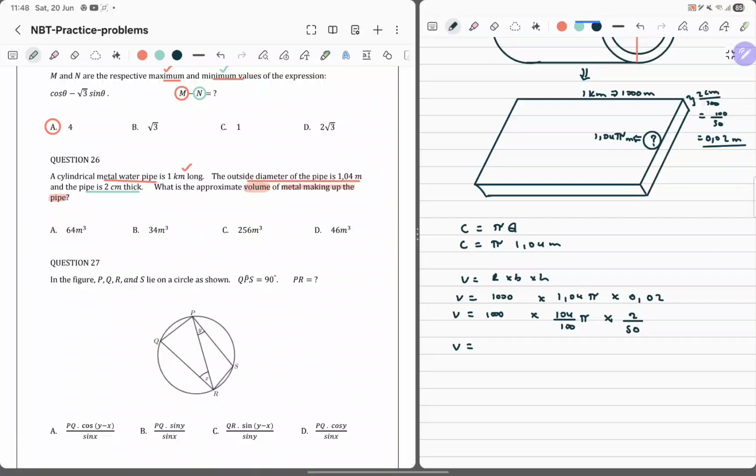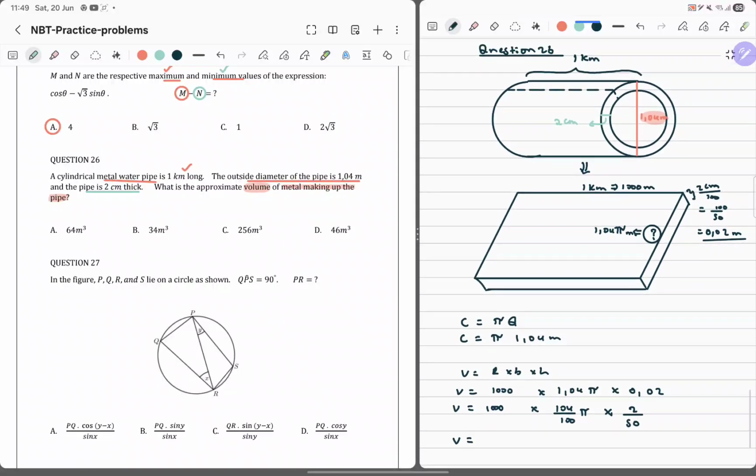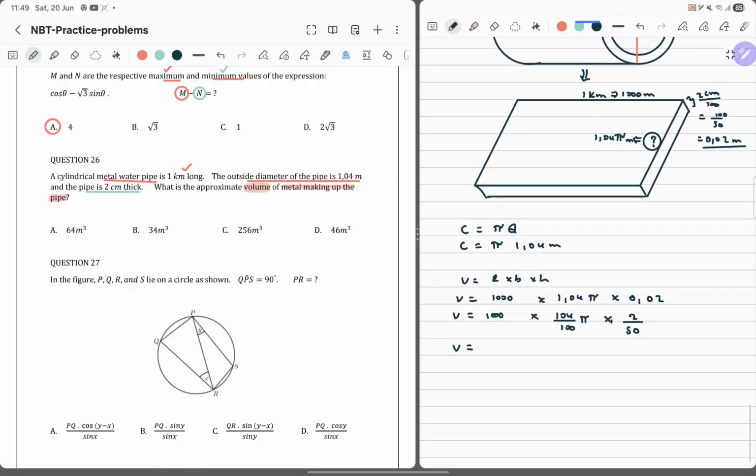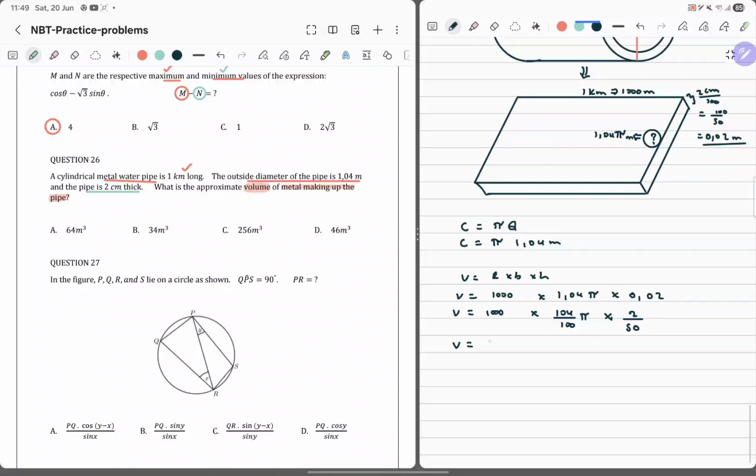The volume here. But I don't see pi here. That's just my only problem. Why? Maybe this thing is going to have something to do with 22/7. Yeah, so this is 8,000 multiplied by 1,04/100 pi, and we take pi to be 22/7.